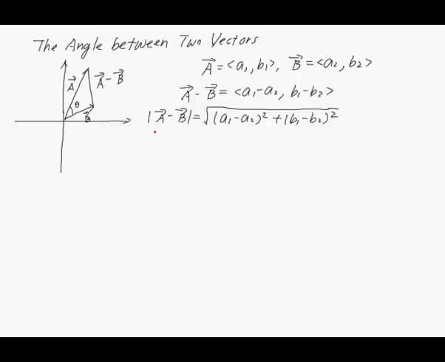And also let's get the magnitude of A and B. So the magnitude of A is equal to the square root of A1 squared plus B1 squared. The magnitude of vector B is equal to the square root of A2 squared plus B2 squared.